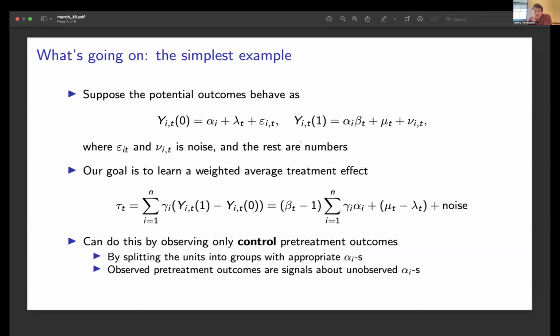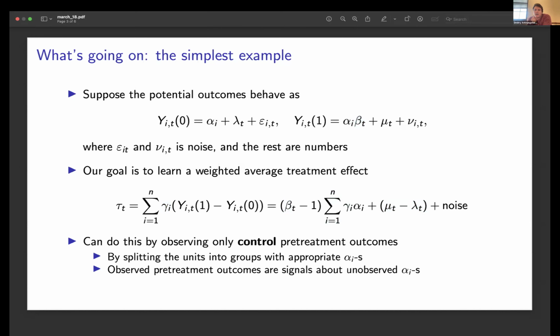Okay, and so in this simple model, if I were to look at any sort of weighted average treatment effect, with weights gamma_i, then it would be equal to, of course, this difference in the aggregate shocks that we have here. Also, the intervention makes this beta appear, so we also have it here, in this average.